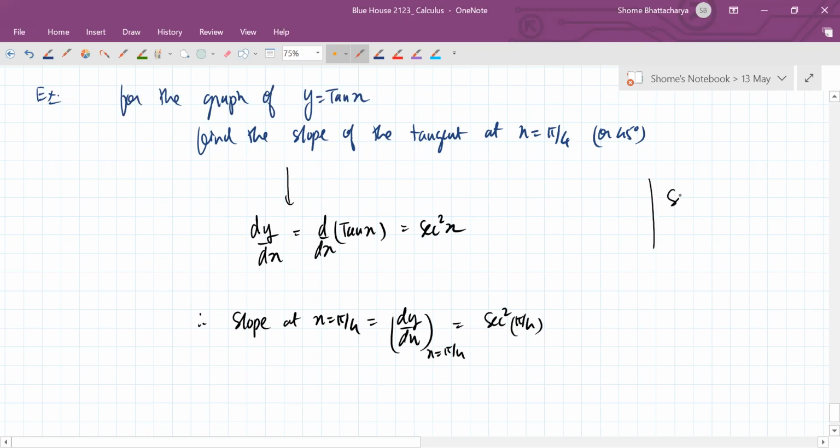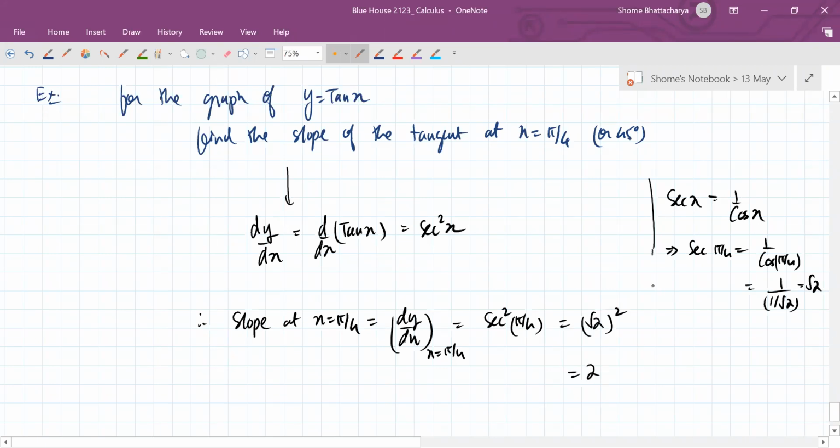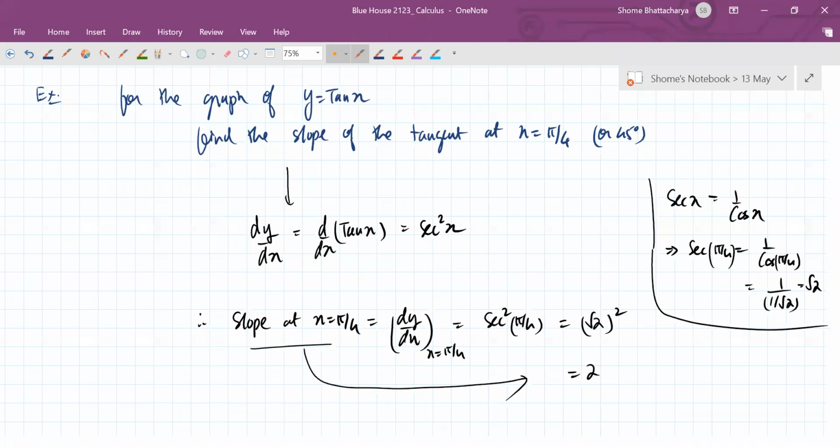Now sec x is 1 by cos x. So sec pi by 4 is 1 by cos pi by 4, which is 1 upon 1 by root 2. So that is root 2. So this becomes root 2 square, which is 2. Okay, so that is the slope of the tangent at x equal to pi by 4.